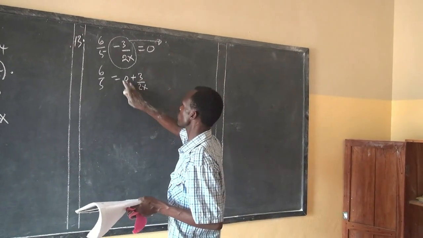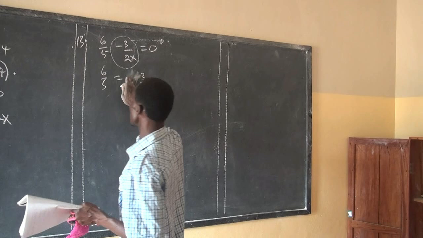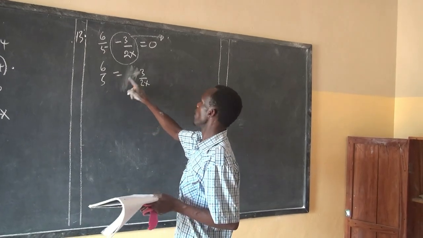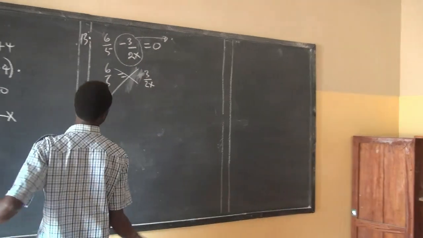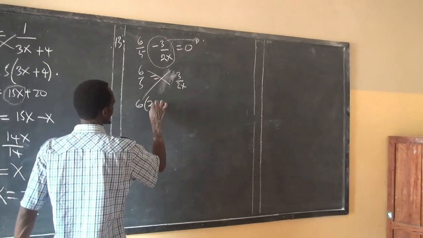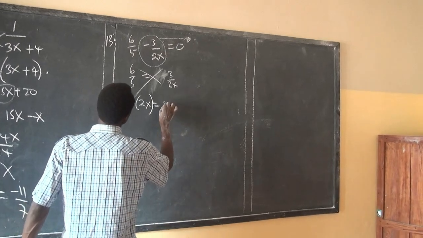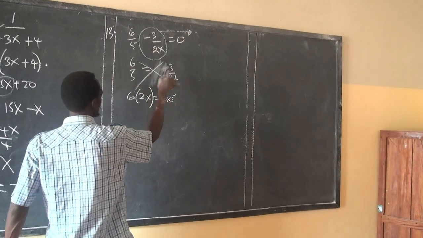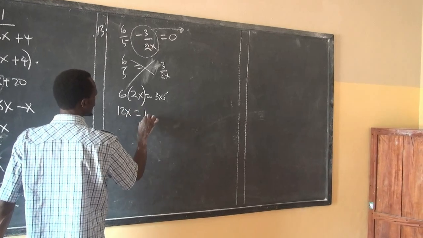Zero means it is nothing, then you remain with this number. 6 over 5 is equal to 3 over 2x, then you cross multiply. Then it is 6 in bracket 2x is equal now to 3 times 5. Then here you have 12x is equal now to 15.